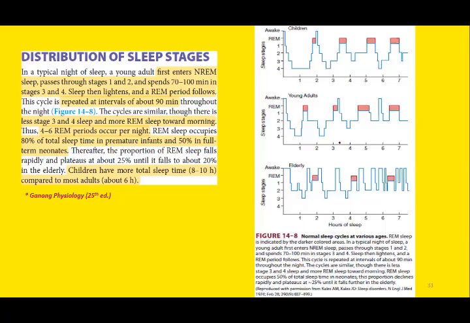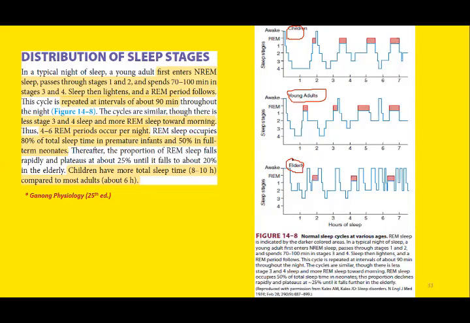In this graph, you can observe the distribution of sleep stages in different age groups. In children, in young adults and in elderly subjects. So the thing to remember is that the children have more total sleep duration as compared to adults.